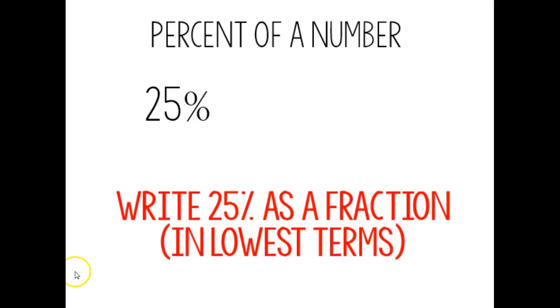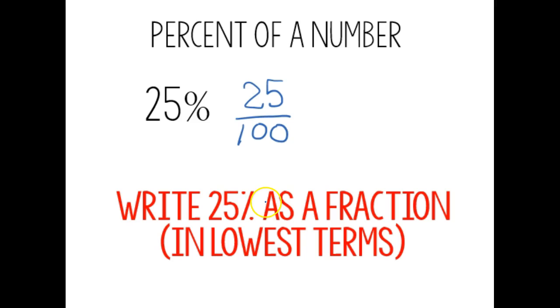I want you to pause the video right now and write 25% as a fraction in lowest terms. Alright, now that you've had a chance to do this on your own, we're going to review this together. When you write a percentage as a fraction, you take the number that is the percent, so we have 25, and you put that over 100.